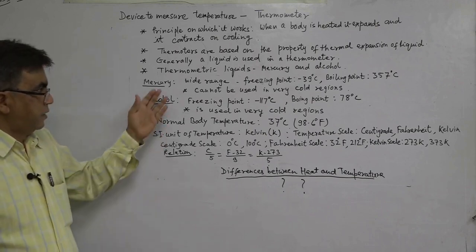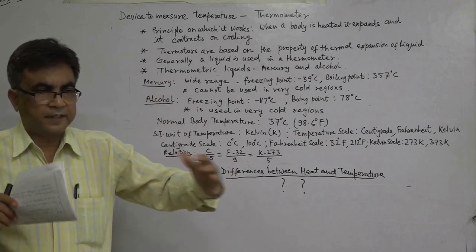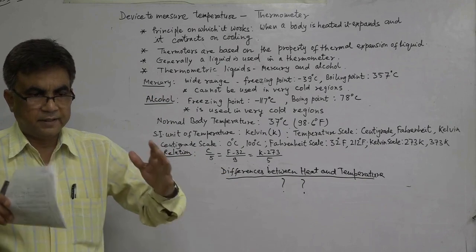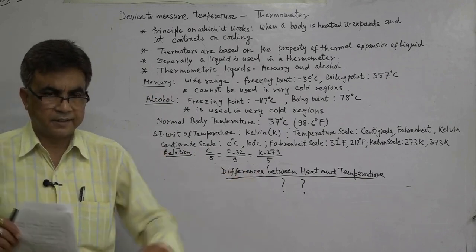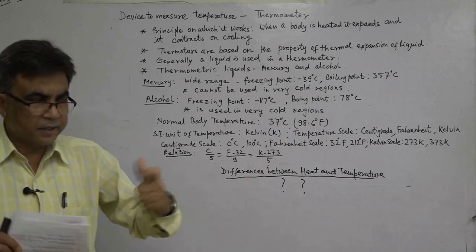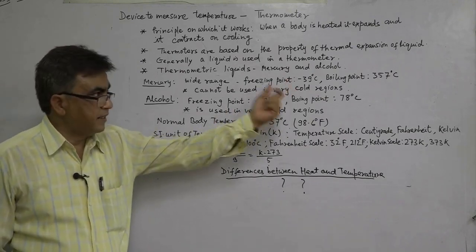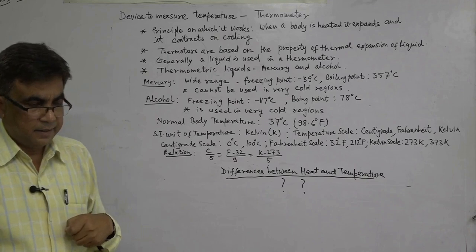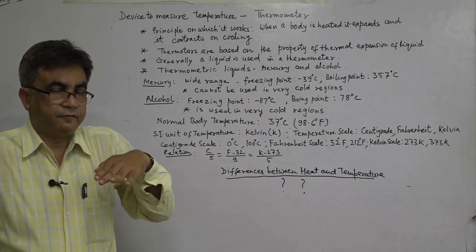Actually, mercury has a very wide range of temperature over which it remains in the liquid state. Why? Because, as I have written for you, its freezing point is minus 39 degrees centigrade. It means up to the temperature minus 39 it doesn't freeze.